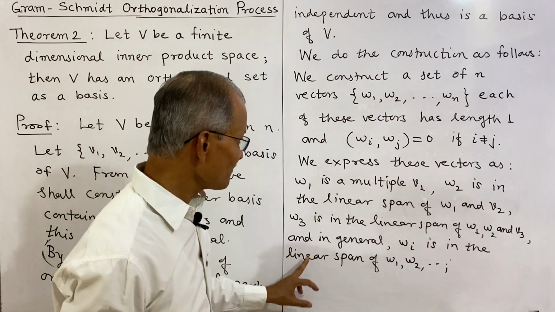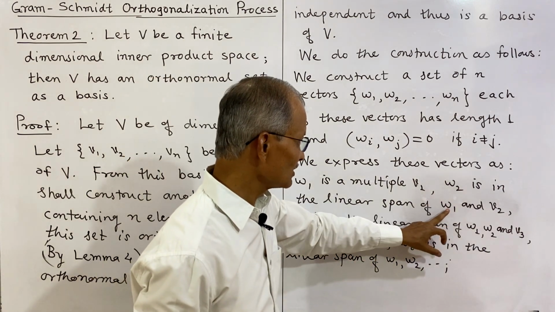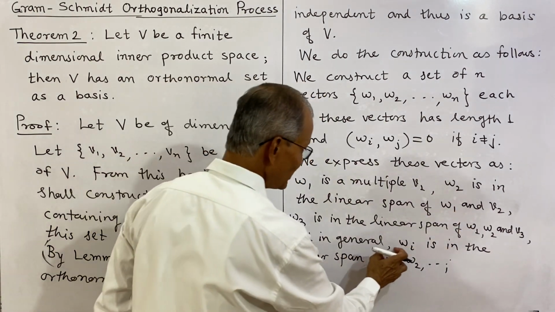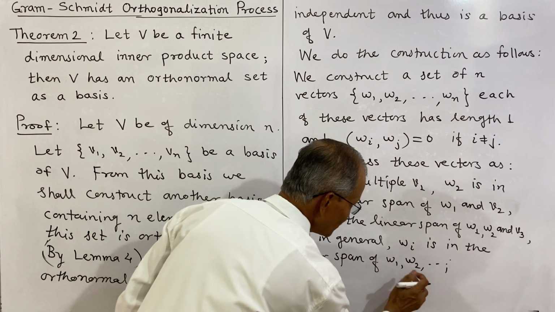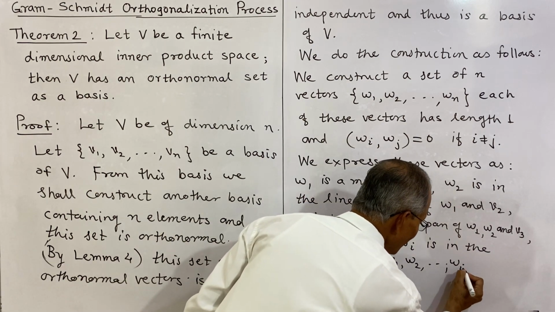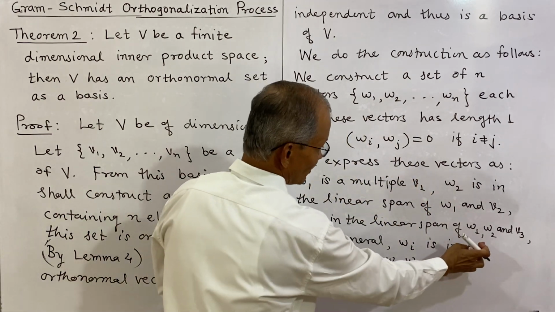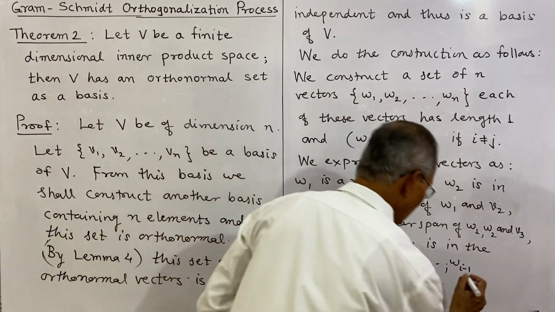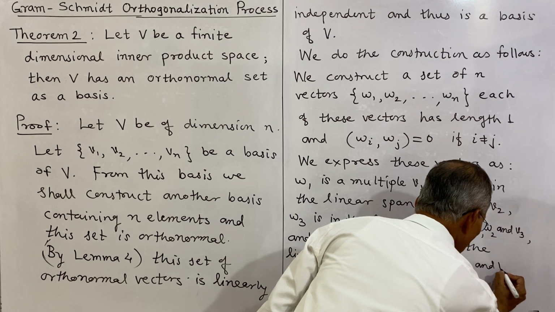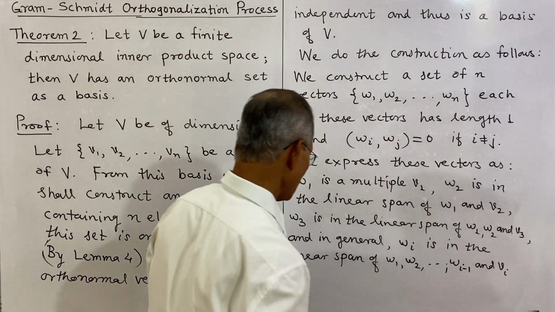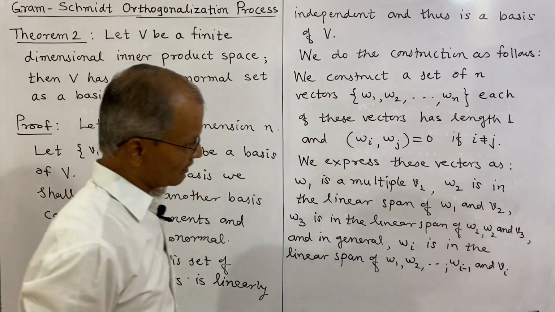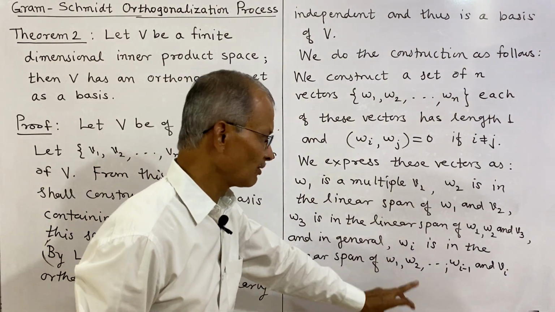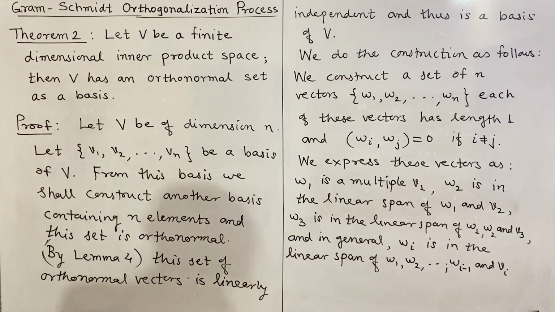For w2 also it is w1 and v2, and therefore wi will be in the linear span of w1, w2 up to w(i minus 1), one less, and then vi. vi is the last vector in this span. So wi is in the linear span of this. Now we follow this procedure.